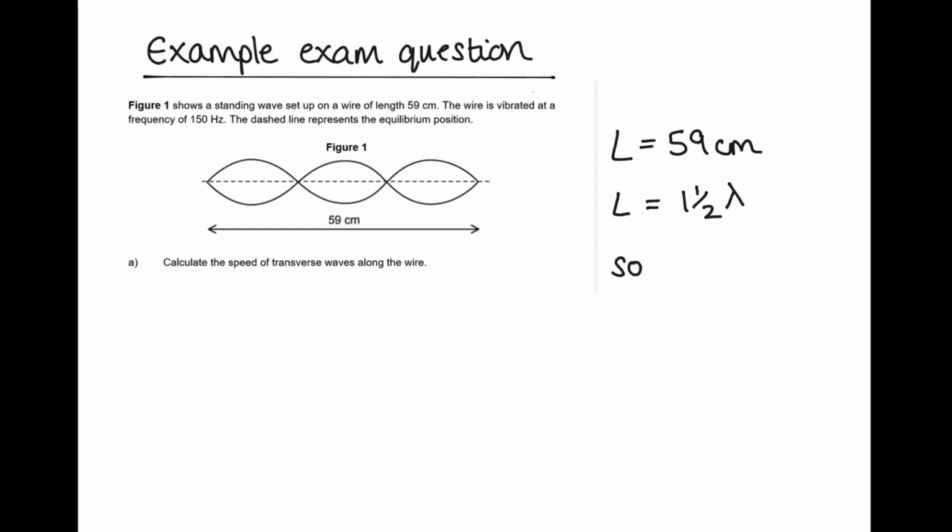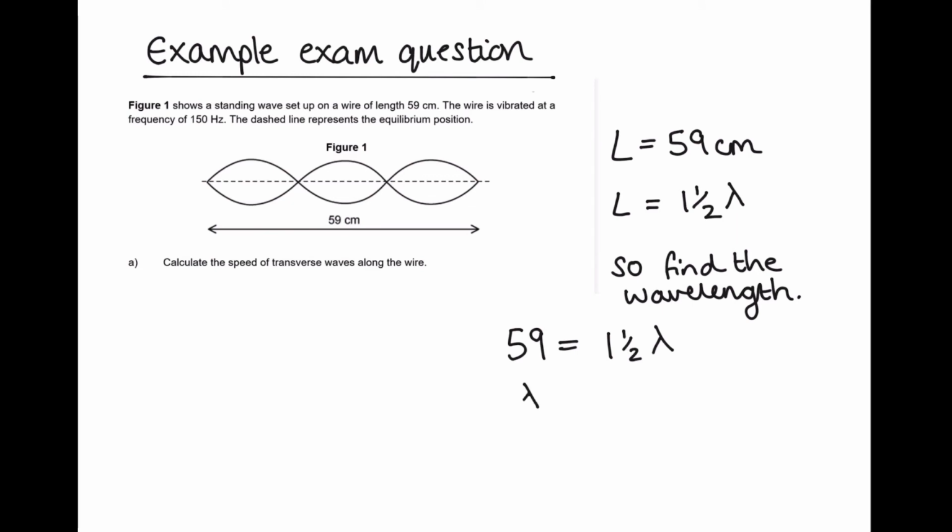So the length is equal to 1.5 wavelengths. So we can use the fact that the length of the string is 59 centimetres to help us to find the wavelength, just by rearranging that equation that I've written down. So 59 equals 1.5 wavelengths.